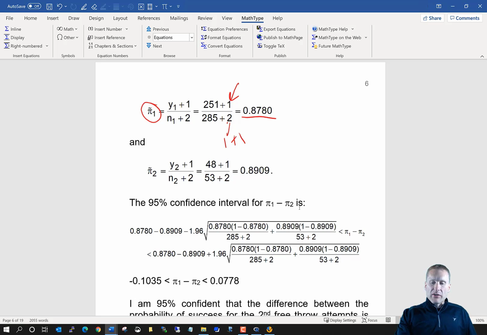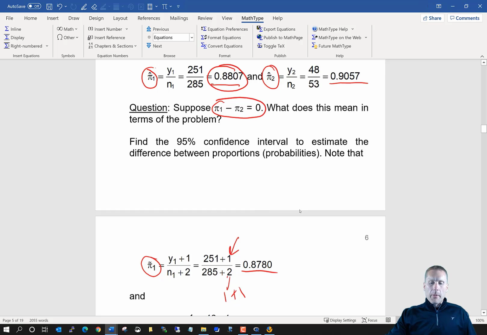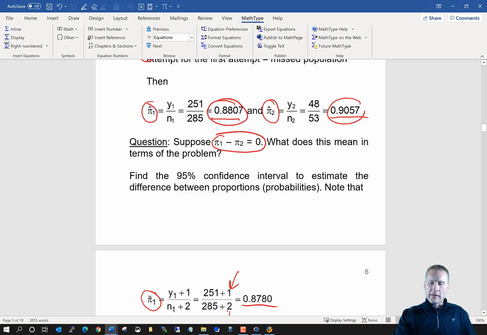Now our adjusted estimate is 0.878. Look at that compared to what we had before when we just used the proportion of successes. This value is a little bit lower than before. Pi tilde 2 is 0.8909 now. Again, it's a little bit lower.